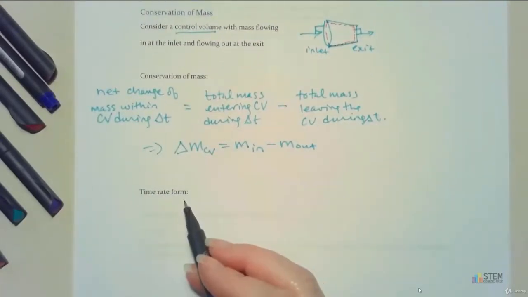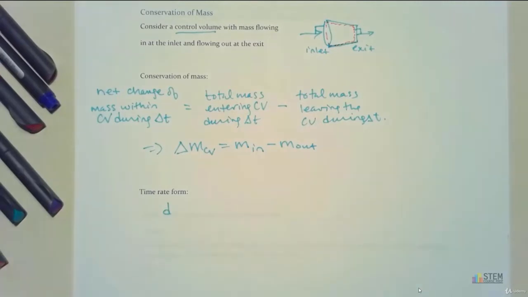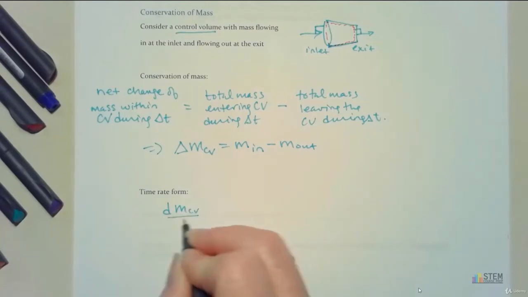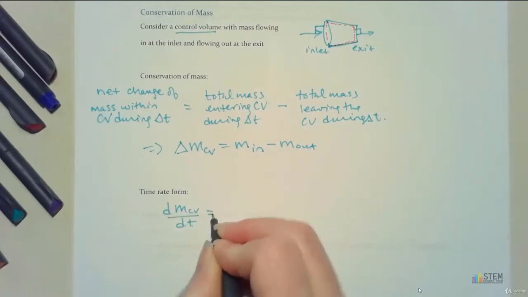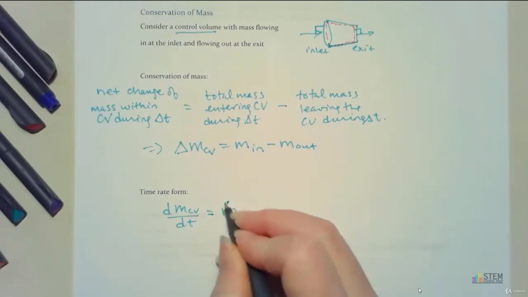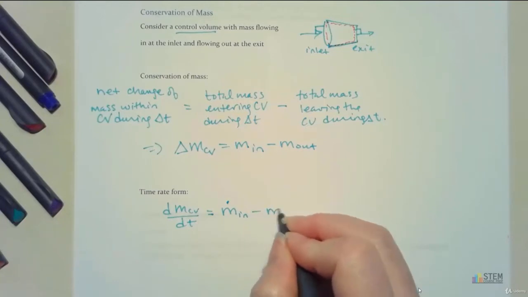We also have a time rate form of this. So by time rate form, think derivative. We're going to write dm_CV over dt. That's going to equal m_in dot. Remember that dot just means time rate. And then we're going to subtract m_out dot.